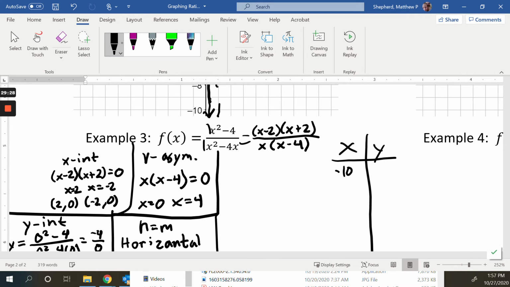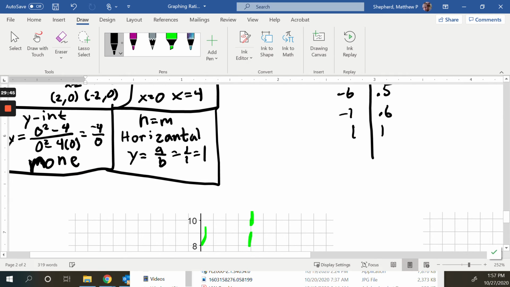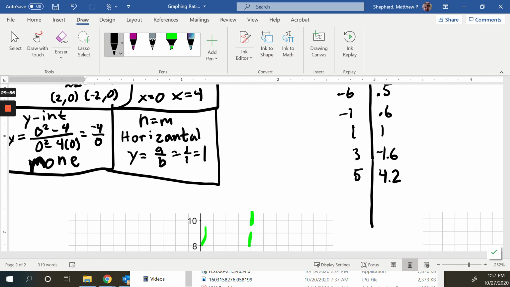So at negative 10, if I put negative 10 in that equation, I'll get approximately 0.7, negative 6, 0.5, negative 1, 0.6, 1, 1, 3, negative 1.6, 5, 4.2, 7 at 2.1, and 10 at 1.6.